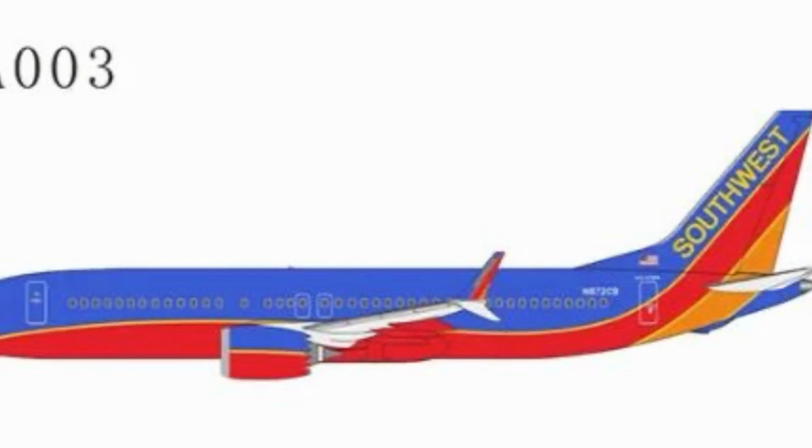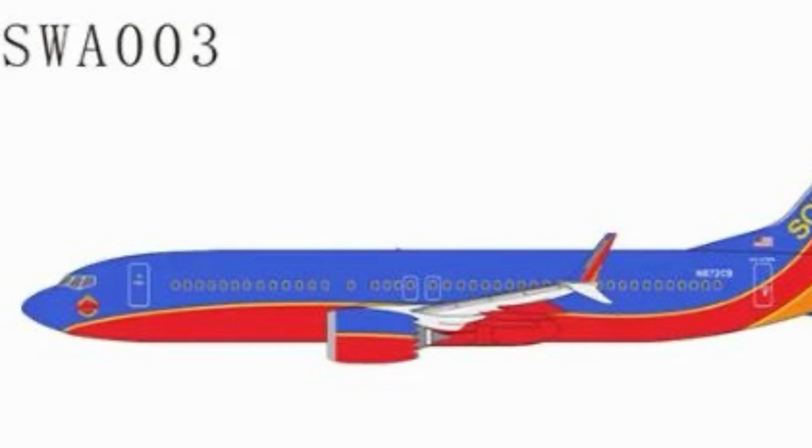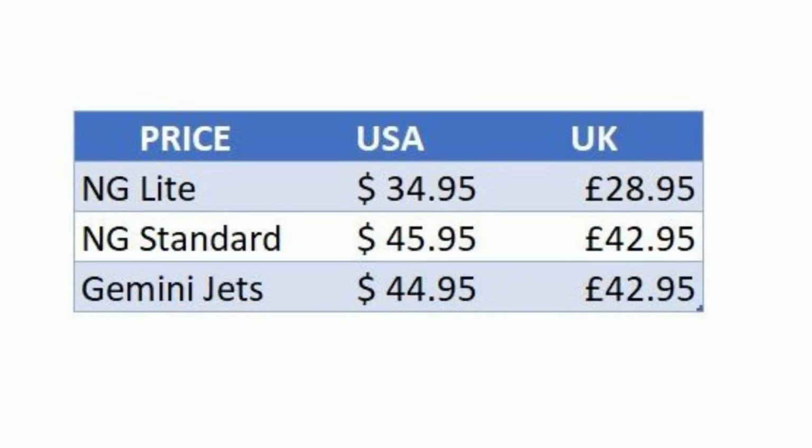And the big selling point of NG Lite in comparison to the standard models is simply the price. These are retailing a lot cheaper than a standard NG release or a Gemini Jets release. And I had a look around some of the bigger retailers in the States and the UK, and these prices seem pretty standard. You can buy in the US one of these NG Lite Maxes for about $34.95.